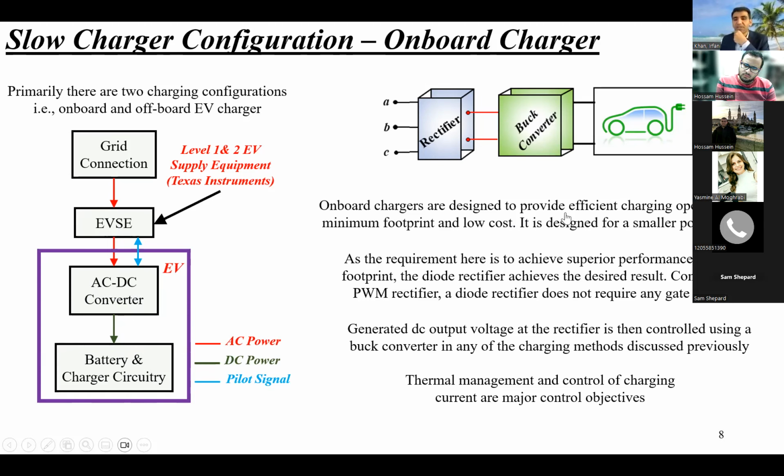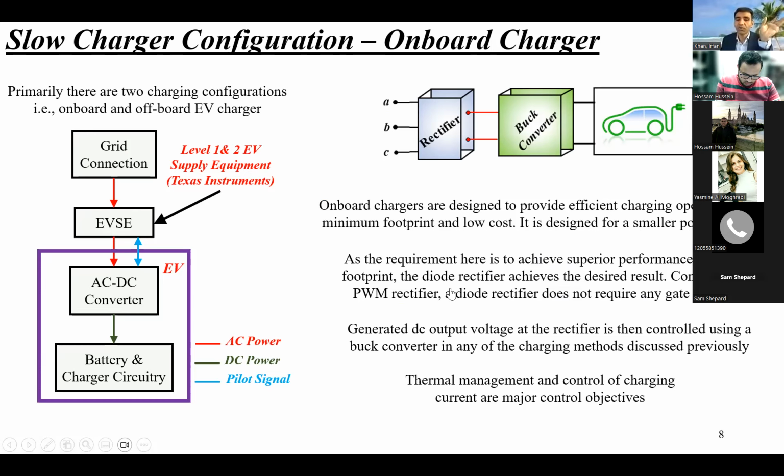Onboard chargers were designed to provide efficient charging operation with minimum footprint because they are within the vehicle. So our goal was minimum footprint, so we do not add load to the vehicle. It is designed for small power rating, as the requirement here is to achieve superior performance at a lower footprint. Footprint was important, so we use diode rectifiers to achieve the results.